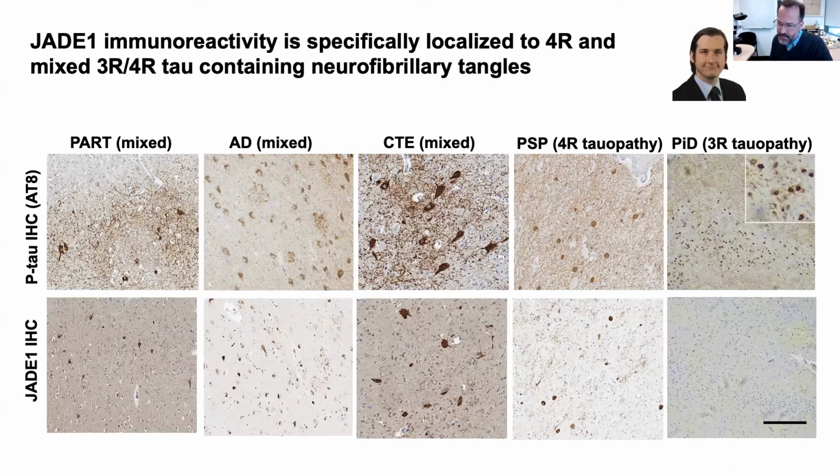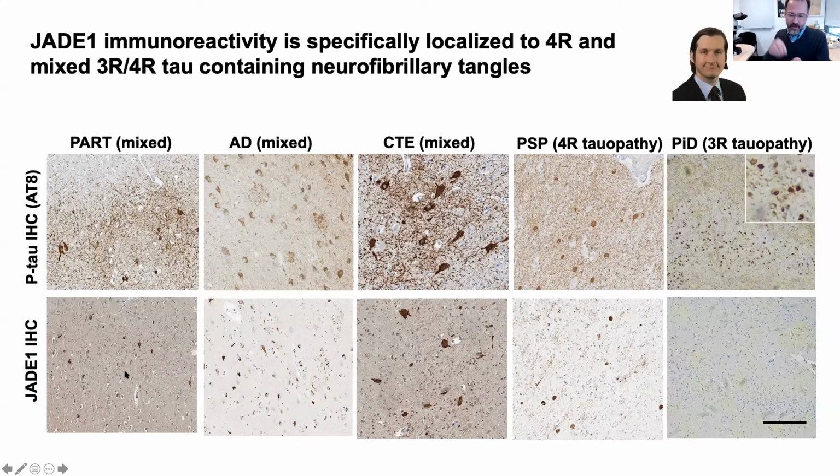I didn't emphasize this earlier on in the talk, but 4R tau is thought to be particularly toxic, more toxic than other forms. Anyway, Kurt did an immunohistochemical study of many of the tauopathy cases that we're interested in, not all of them, where he basically took that antibody and asked whether or not JADE1 was present in the tangles.